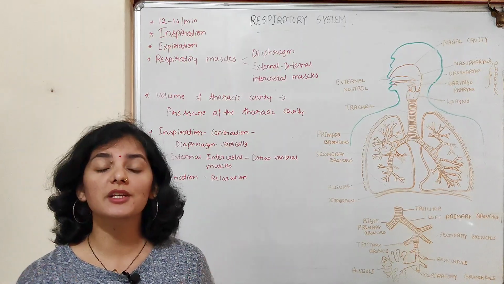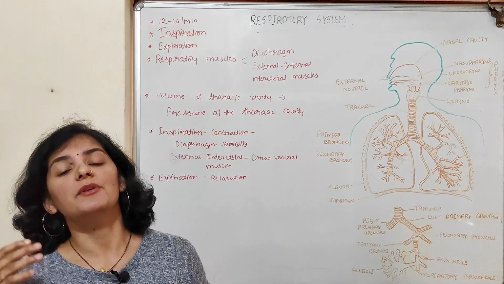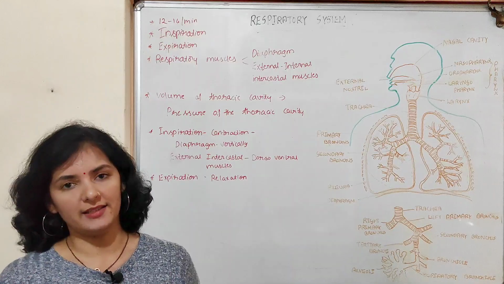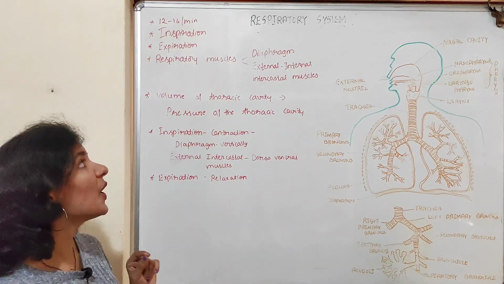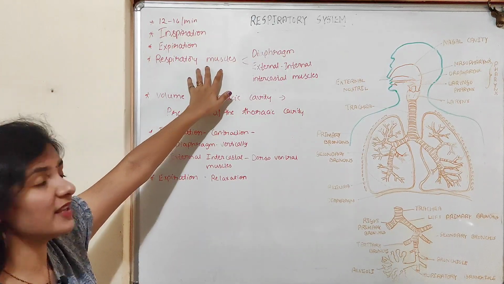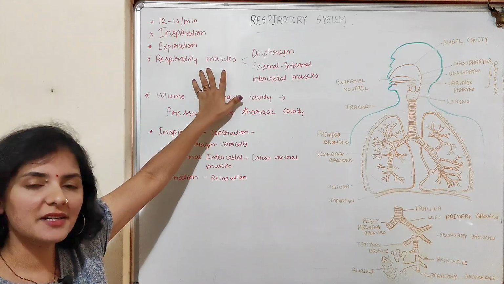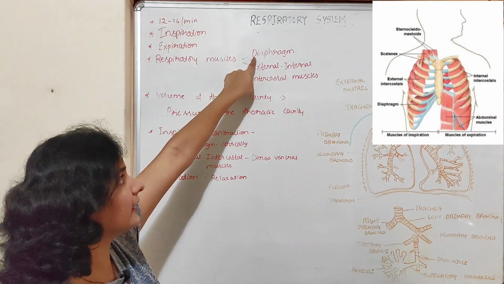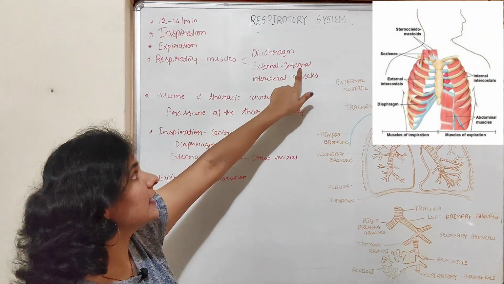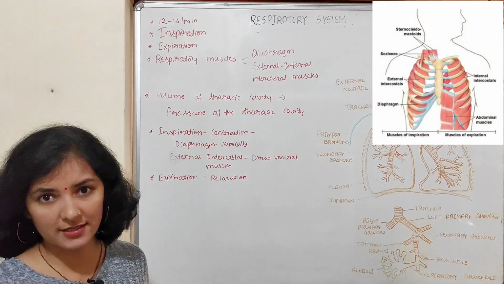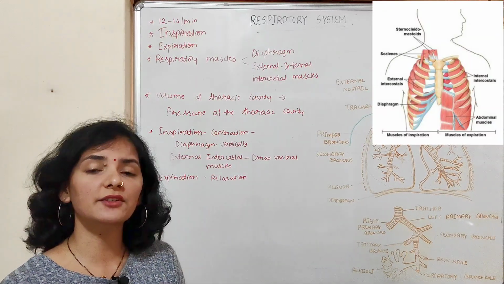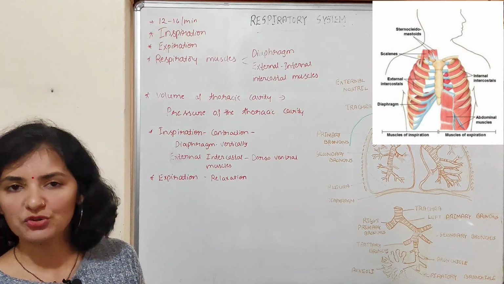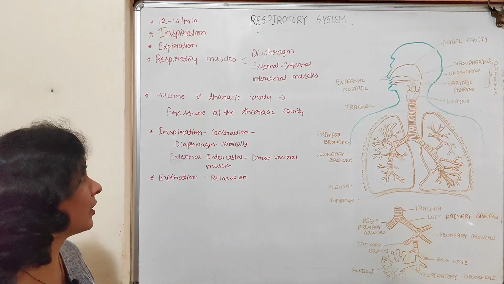So there should be creation of a pressure gradient between the atmosphere and the lung, and it is created with the help of a set of muscles known as respiratory muscles. Respiratory muscles mainly include two types of muscle, that is the diaphragm and the external and internal intercostal muscles. So these are the two sets of muscle which help in the creation of the pressure gradient. We'll discuss them one by one.